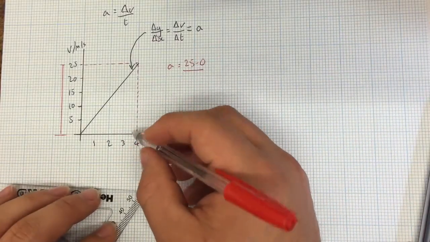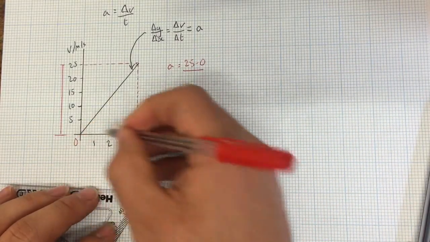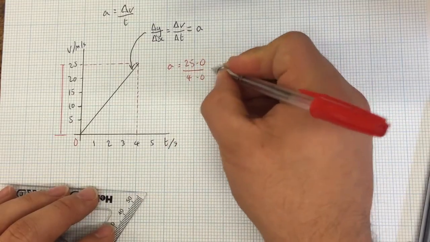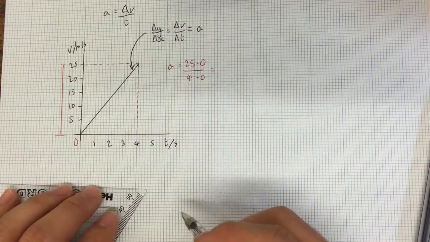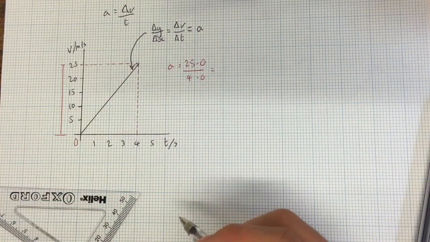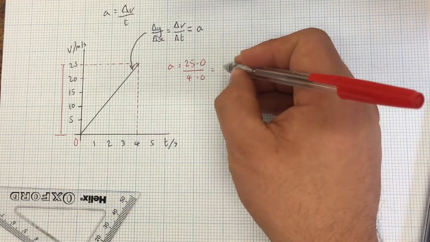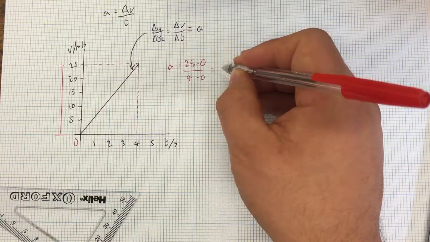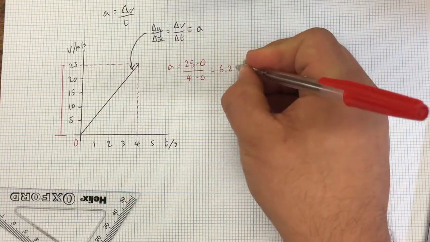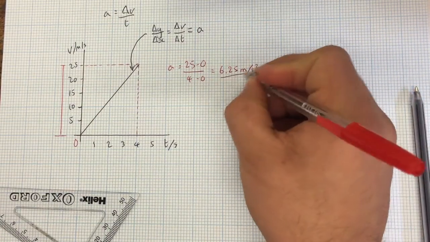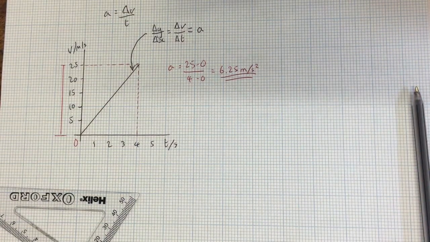And then here it's gone from 0 up to 4 seconds, so the change in time is 4 minus 0, which is obviously 4. So I'm doing 25 divided by 4, which is going to be 6.25 meters per second squared. So that would be my acceleration.